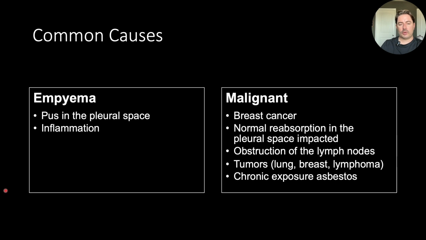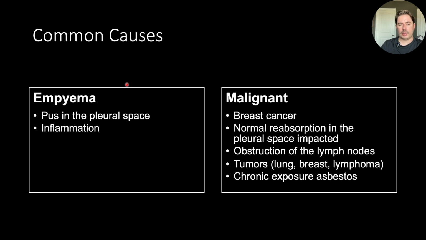When we look at exudative, remember that exudative is going to be higher in proteins. It's going to be higher in lipids. It's going to be higher in lactate as well. So exudative, this is going to be our empyema, or our thick fluid. Typically, the empyema is going to have purulent fluid or pus in the pleural space, secondary to some sort of inflammation.